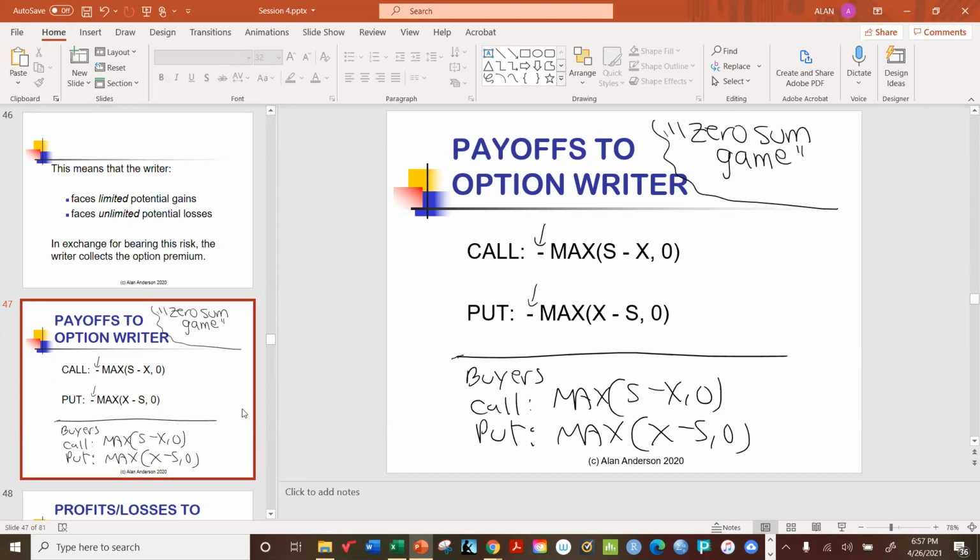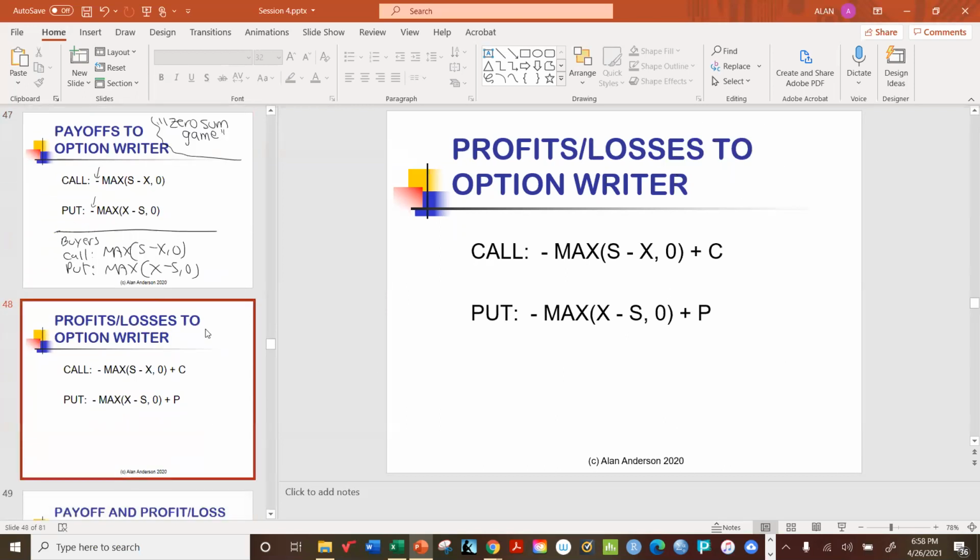But if you look at the profits and losses now, instead of subtracting the put and the call premiums, we're adding them. So there you go. Just as a quick reminder, how does this work for the buyers?